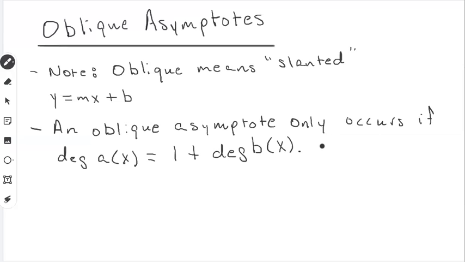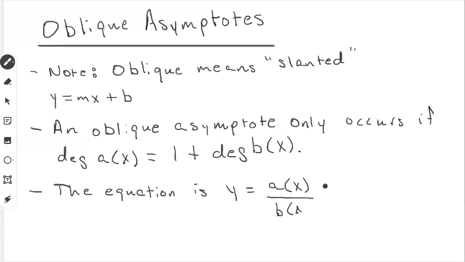The degree of the top has to be 1 more than the degree of the bottom. If so, you're going to have what's called an oblique asymptote. And the equation is y equals a of x over b of x, right? Top over bottom, with no remainder.